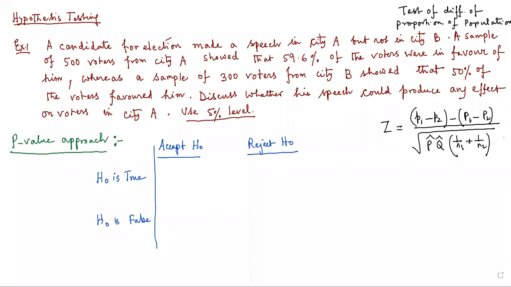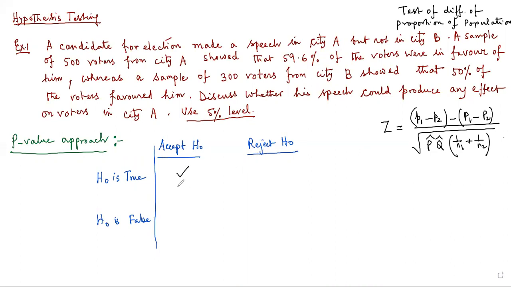Under this situation, we are going to accept the null hypothesis or reject the null hypothesis. Now when we accept the null hypothesis under the condition that the assumption made on the population is originally true, this is all right.